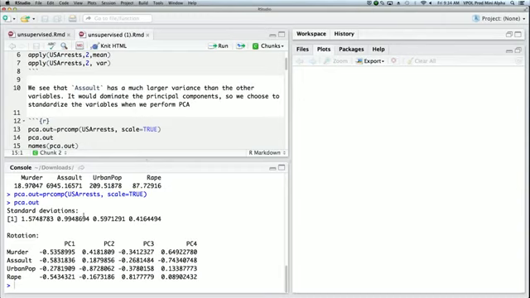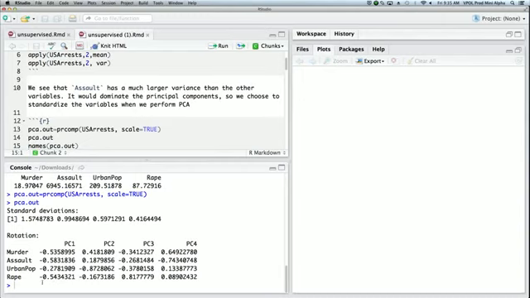Then what's called the rotation are the loadings. The first principal component is pretty much loaded equally on the 3 crimes, and it's got a lower loading on urban population. So it seems like the first principal component is just a measure of how much crime there is. It's essentially an average of the 3 crimes.